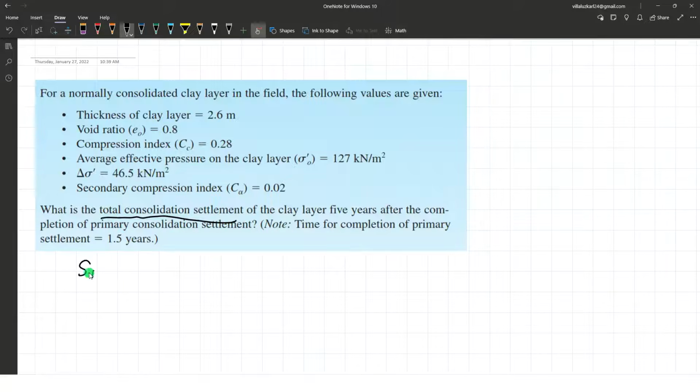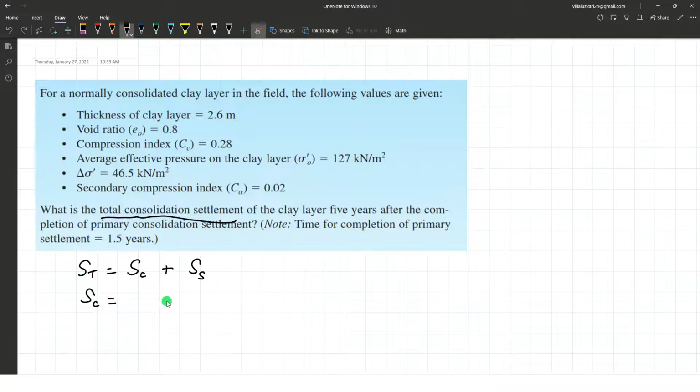So for us to determine the total settlement, and there are no given values here for elastic settlement, it means that we have two categories of settlement here for the primary and the secondary consolidation settlement. So that's your total settlement. So let's compute first the primary consolidation settlement.